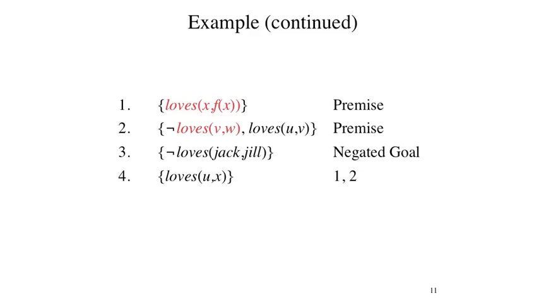Since w doesn't occur in the second literal of the clause on line 2, it just disappears, and u has no binding, so it remains u. We end up with the clause loves of u x. And now, in the next step, we resolve the clause in line 4 with the clause in line 3 to produce the empty clause, and thus prove our result.